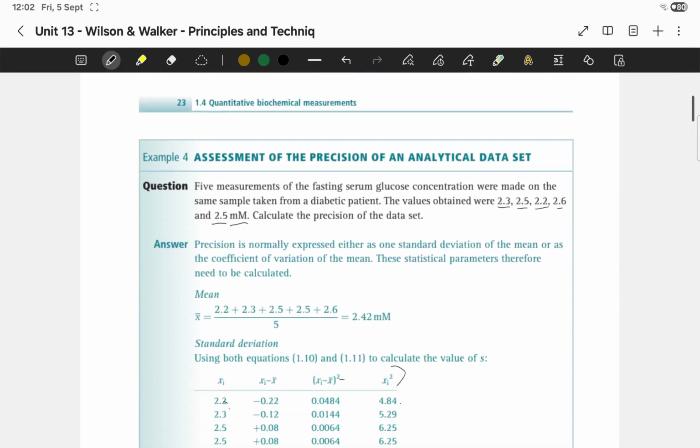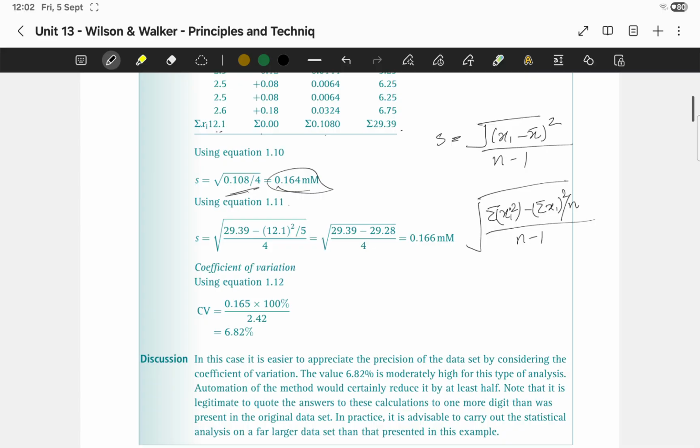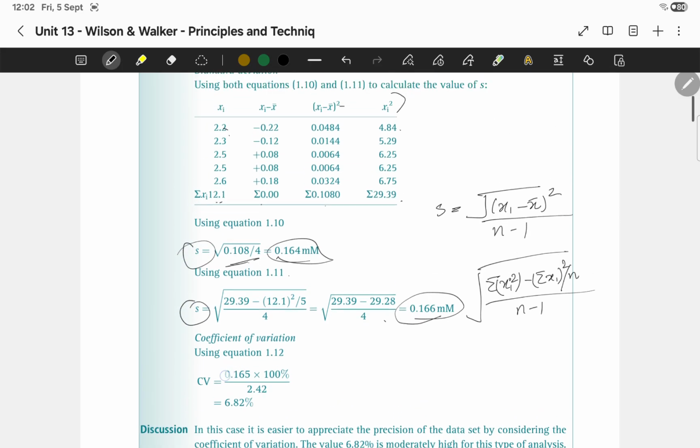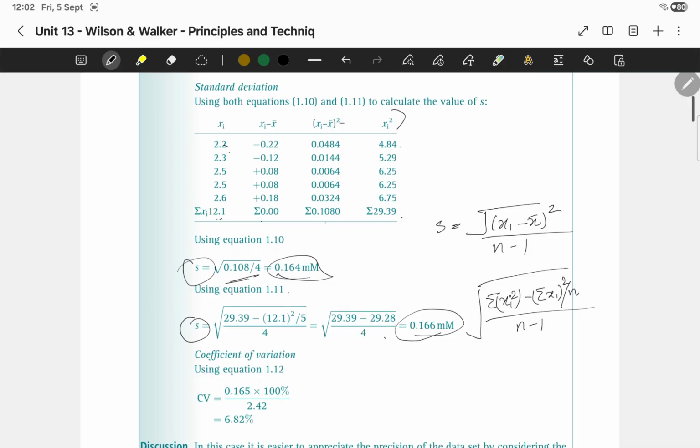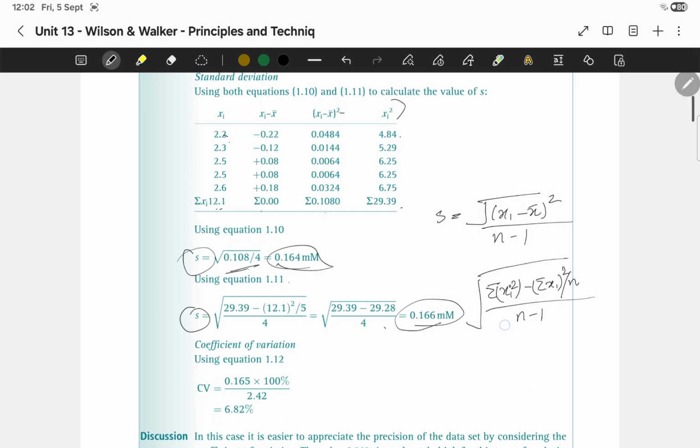Okay, so it is used, and we find this. So both are s only, both are standard deviation only, and they are close.